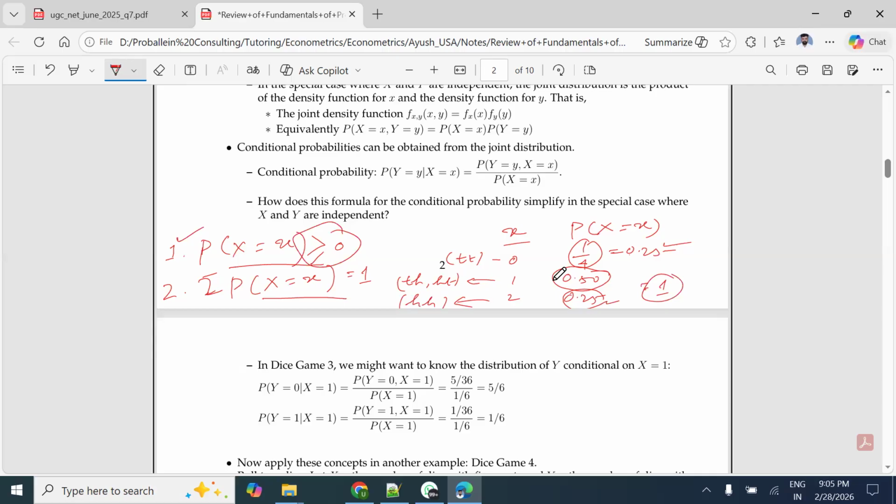But in the binomial PMF, what you will get is basically a formula.